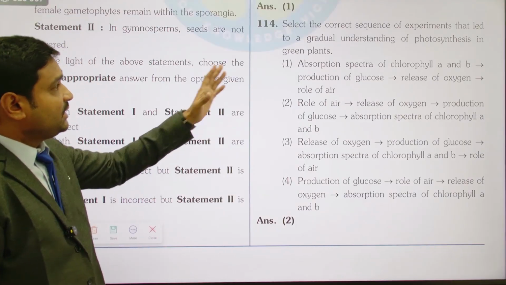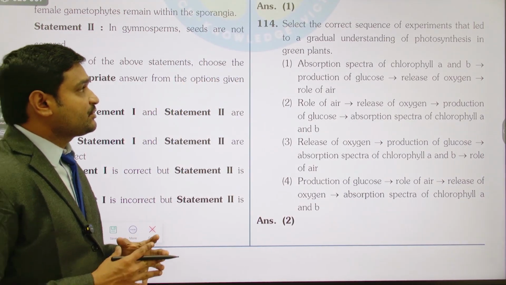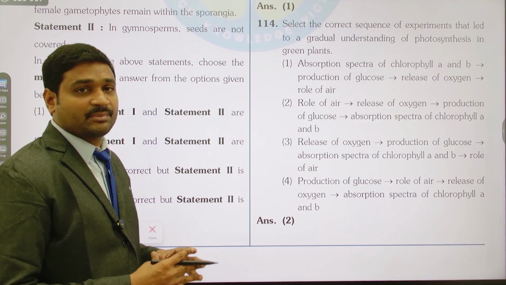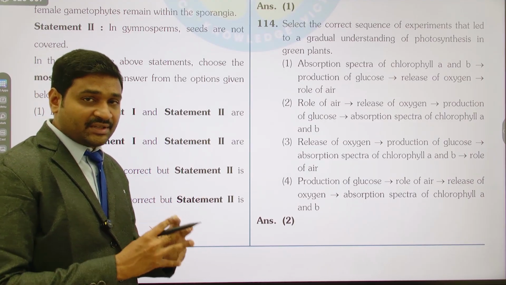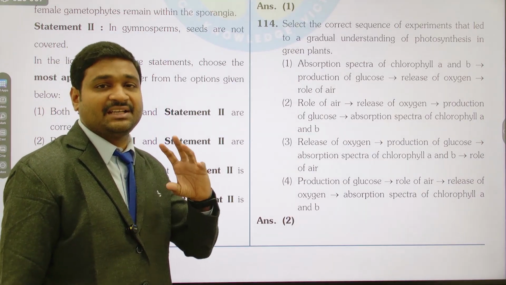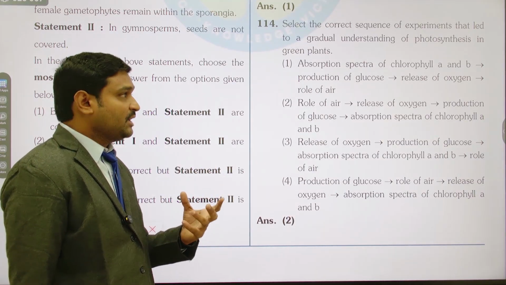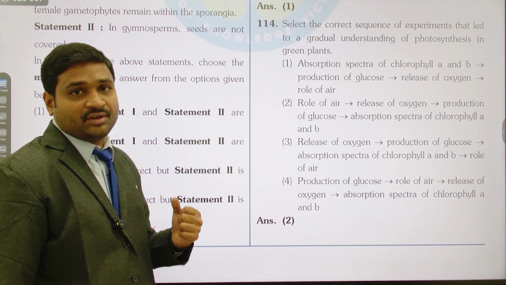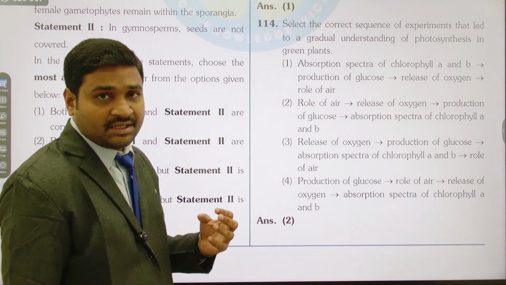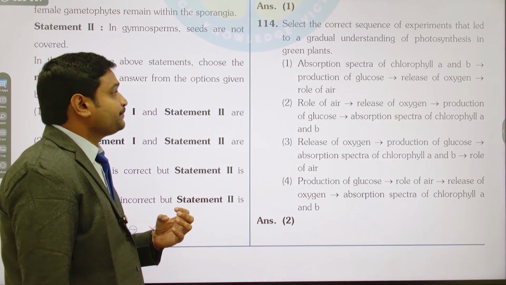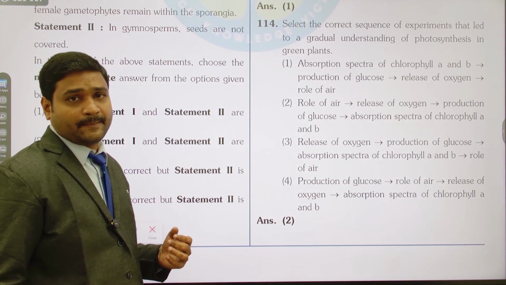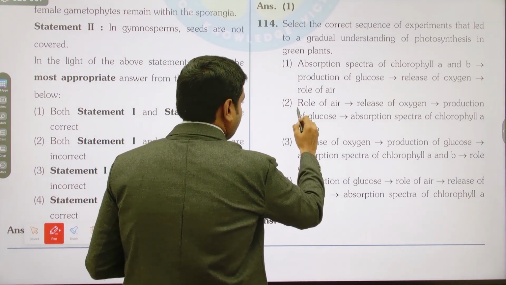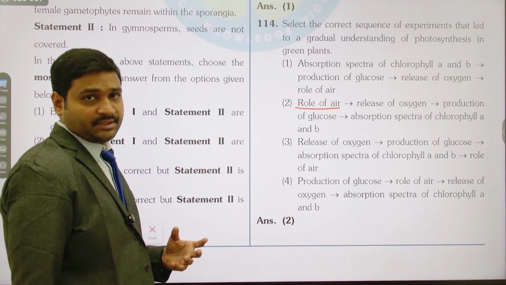Select the correct sequence of experiments that leads to the gradual understanding of photosynthesis in green plants. Actually this is a question from photosynthesis in higher plants. For the first time, the question is given in a slightly different way, but it is easy. If you remember the order of the sequence of the scientists, the first scientist is Joseph Priestley. His experiment is the role of air.